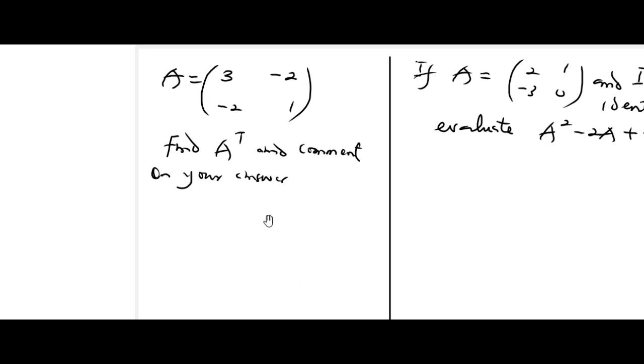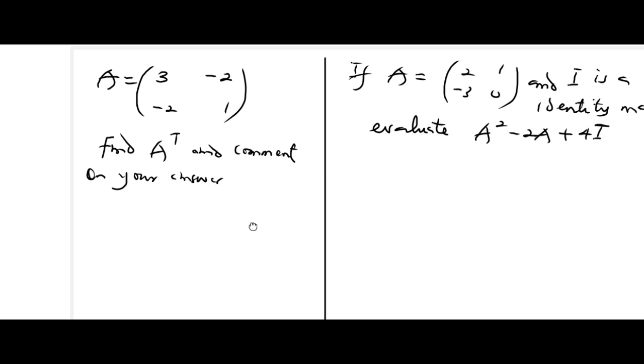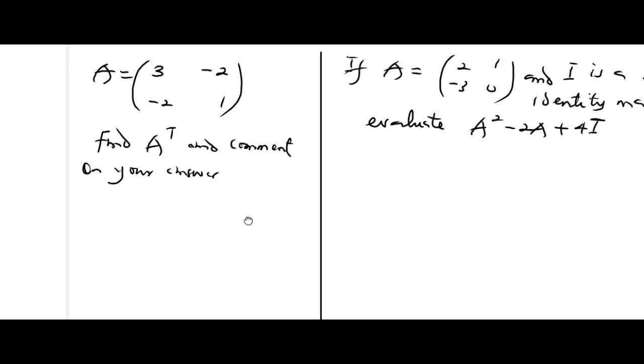All right, so to my left, I have this question. A is a matrix of 3, negative 2, negative 2, 1. We have to find the transpose of A and also comment on our answer. So to find the transpose, this 3, negative 2 will become our row, and this negative 2, 1 will become our column.